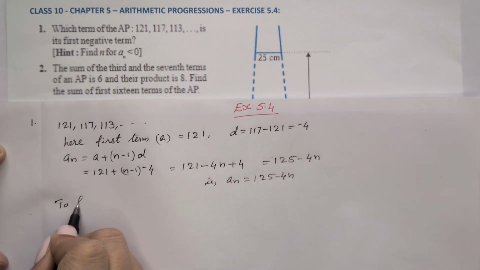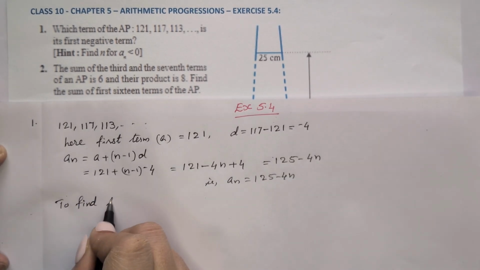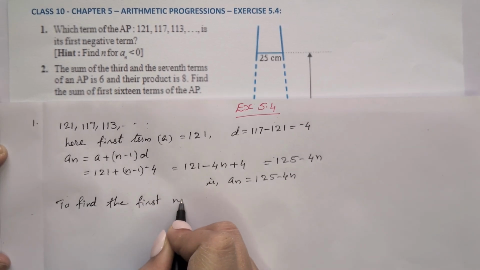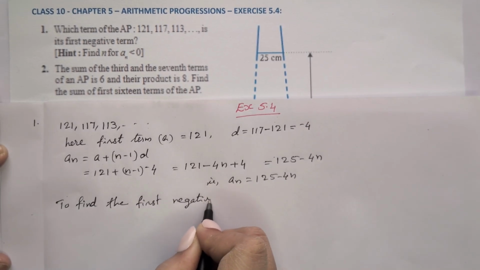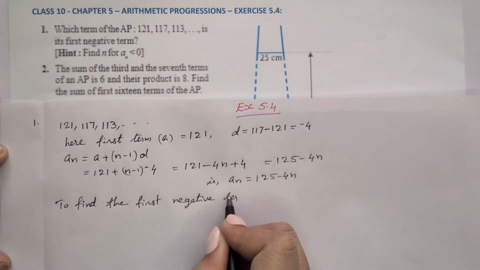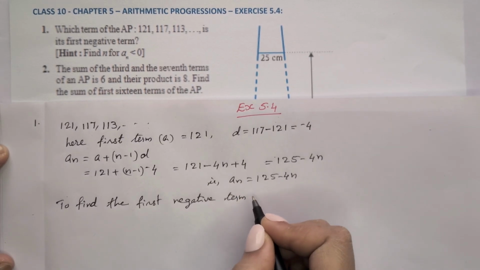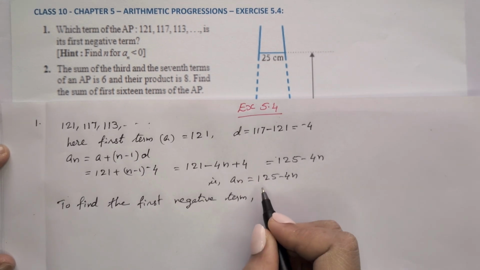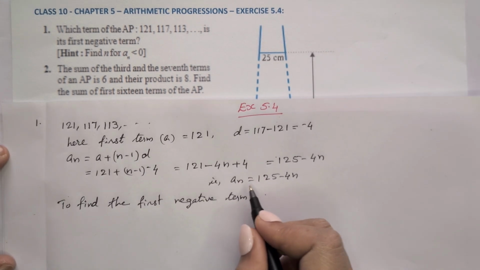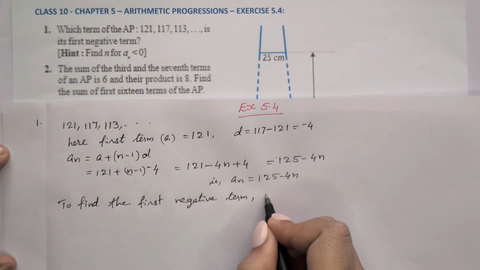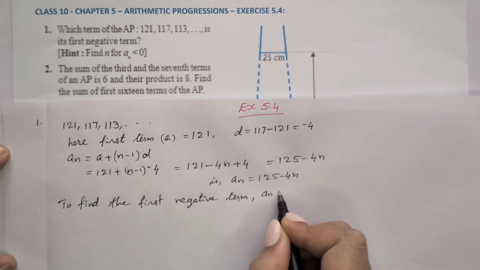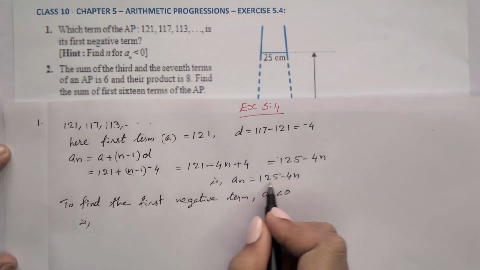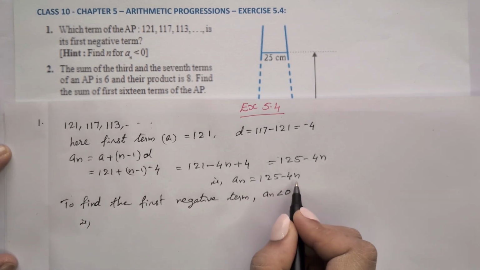To find the first negative term, that means this an should be less than 0. So to get a negative term, an should be less than 0. That is, here an we got as 125 minus 4n.